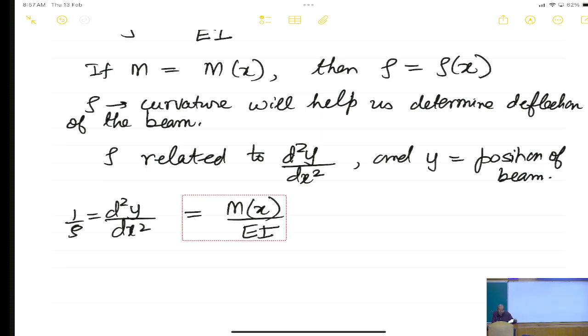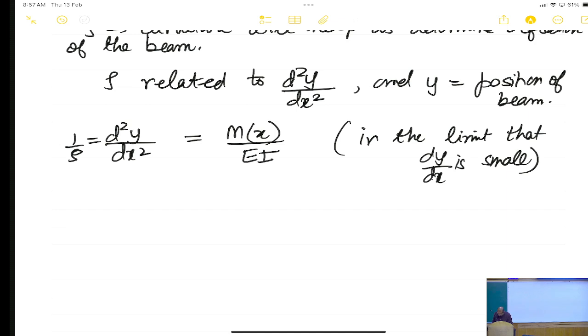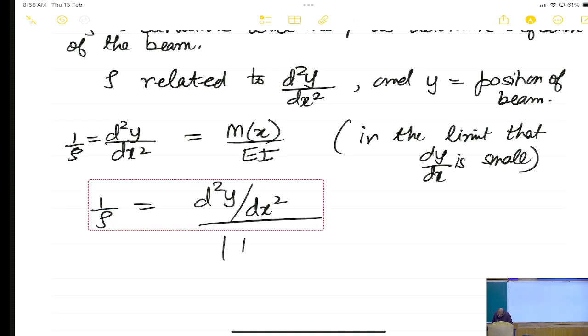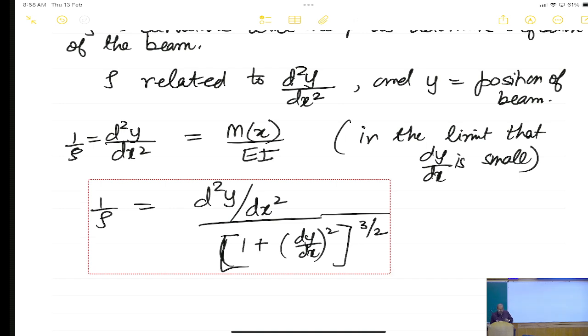Actually, what we have is we have this geometric relation which comes that 1 over rho is equal to d2y by dx square divided by 1 plus dy by dx whole square to the power of 3 by 2.